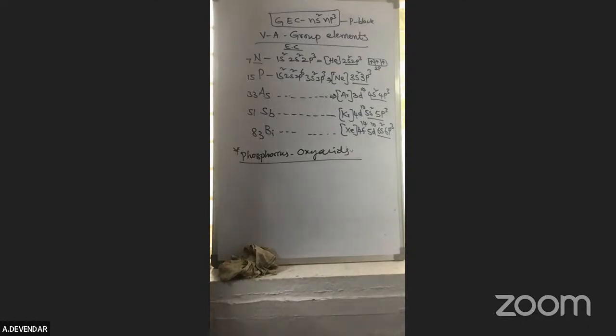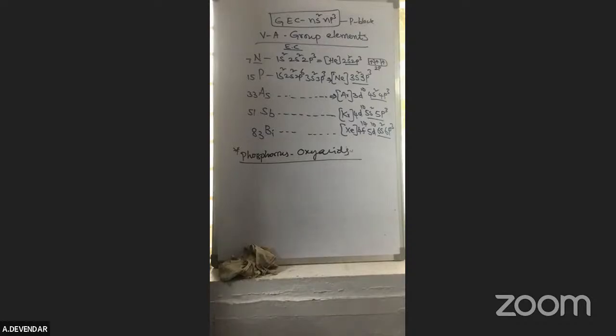Hypophosphorus acid is H3PO2. Phosphorus acid, which I already told you, is H3PO3; it is called phosphorus acid or phosphoric acid. Hypophosphoric acid is H4P2O6.